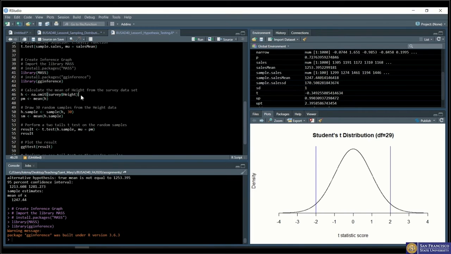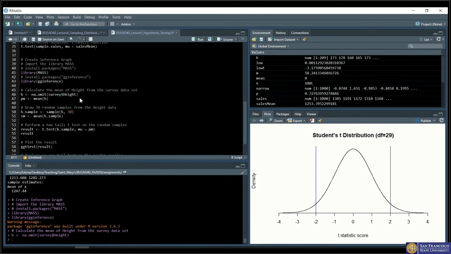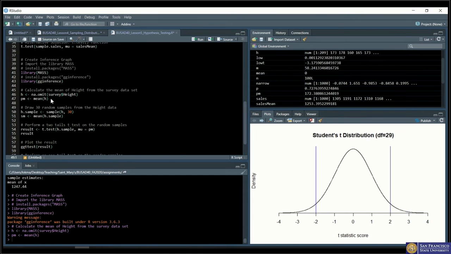I'm going to save this height into a variable called h. And I'm going to calculate the mean for this survey data and save it as PM, short for population mean.